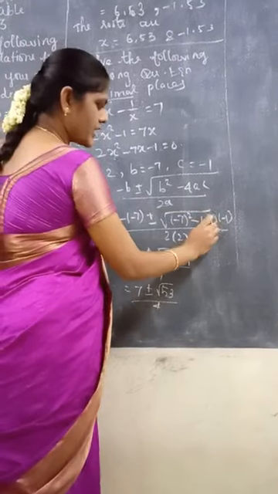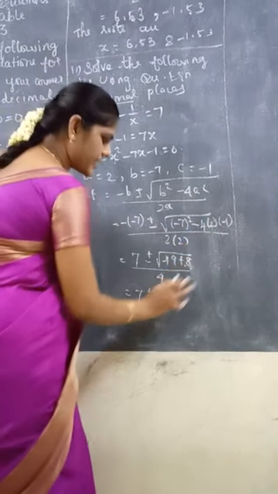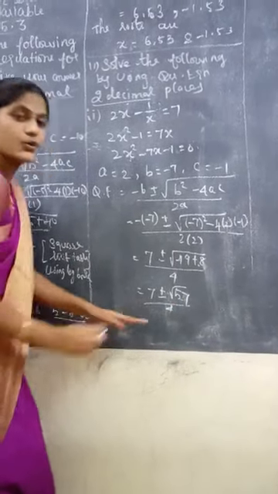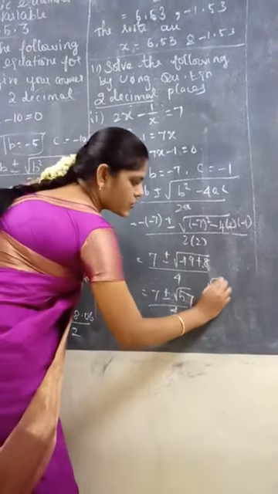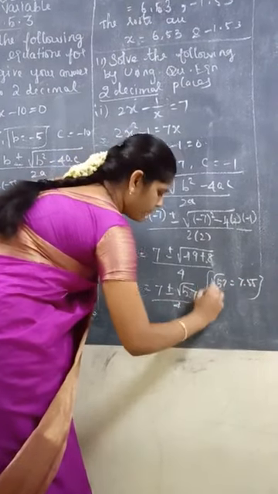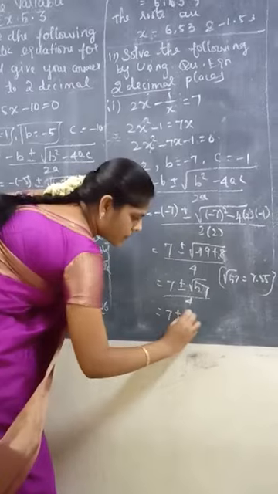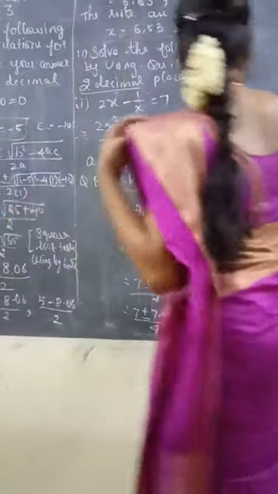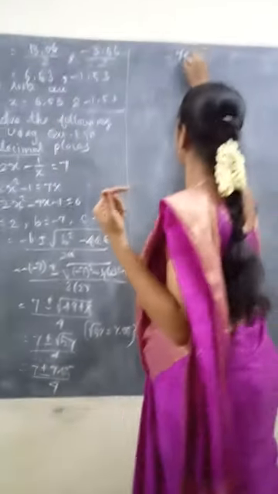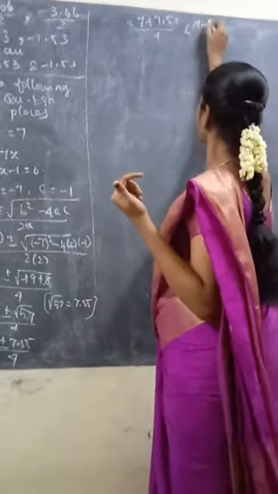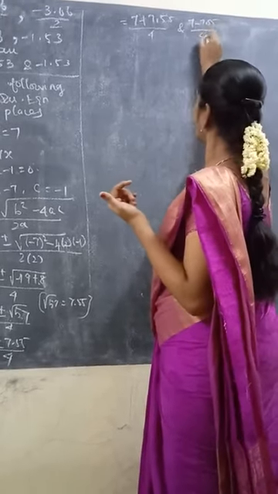Here a value is 2. So the square root value we find using the log book. Square root of 57 is equal to 7.55. So 7 plus or minus 7.55 by 4. Next step, 7 plus 7.55 by 4 and 7 minus 7.55 by 4.